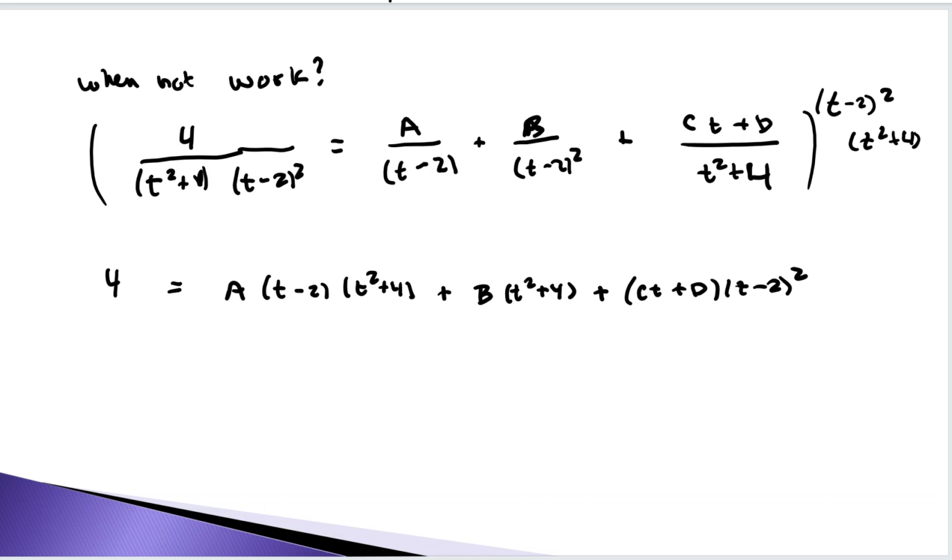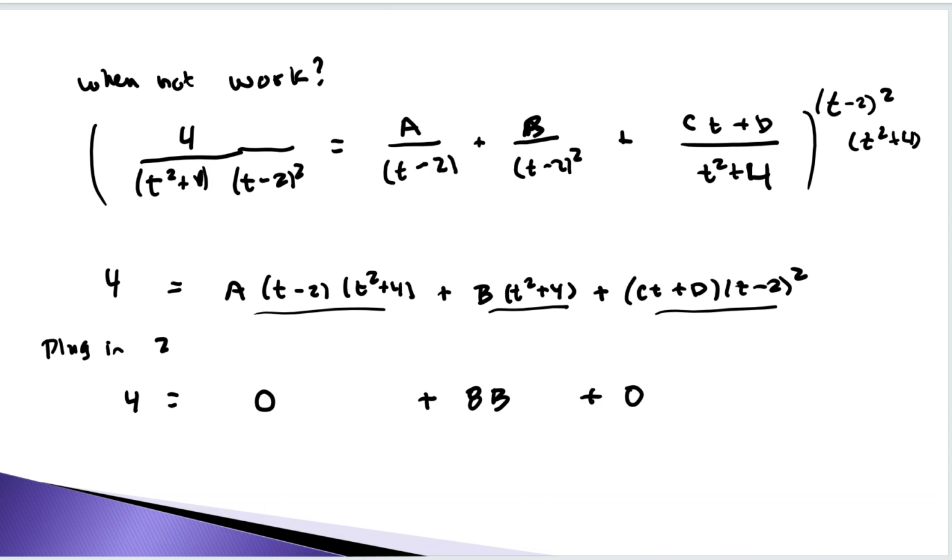If I plug in a 2, I can still eliminate a variable. On the right-hand side, that just stays a 4. This, when I plug in 2, becomes a 0. On the second term, when I plug in a 2, it becomes an 8b. And on the third term, that gives me a 0. So I know that b equals a half.